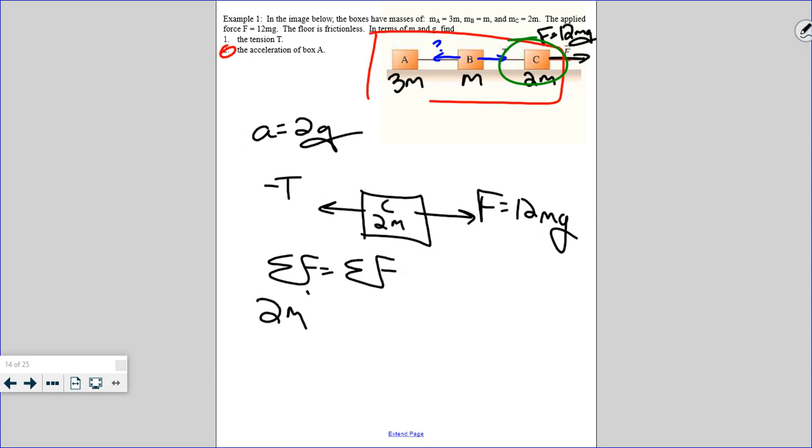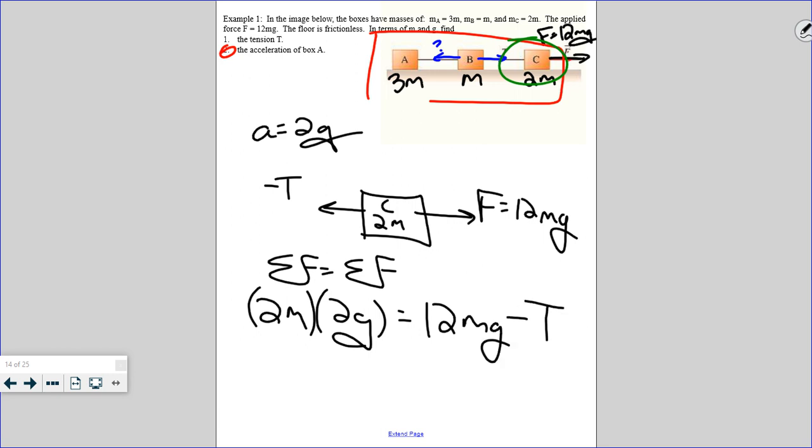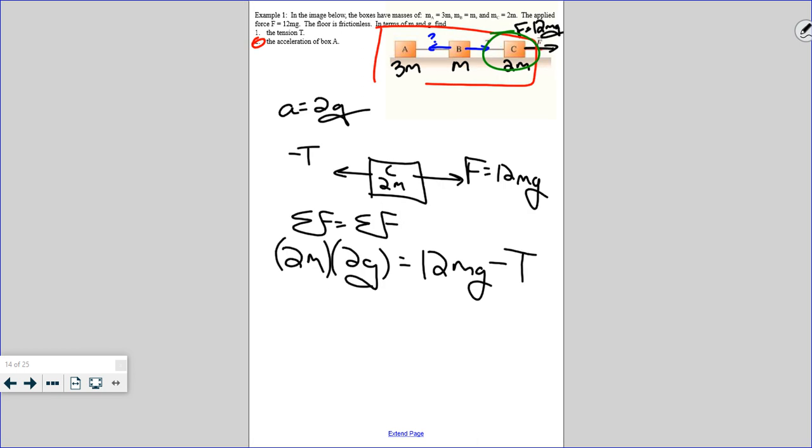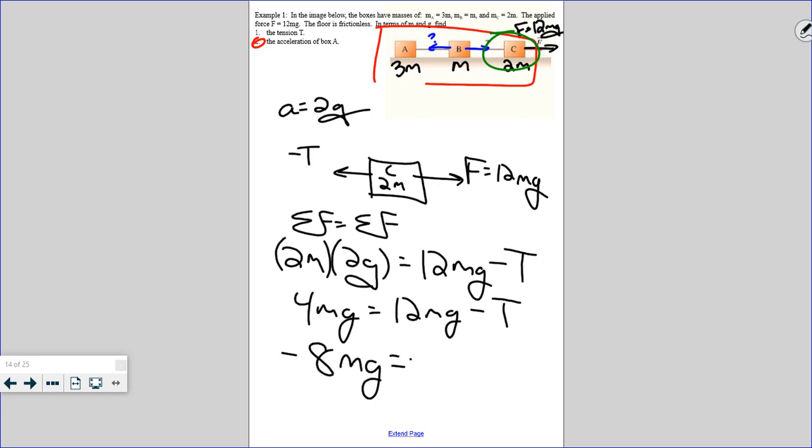Mass times acceleration equals force minus tension. So you're going to get 4 mg equals 12 mg minus T. Subtract, and you get 8 mg equals negative T. So cancel the negatives, and there's your tension force, 8 mg.